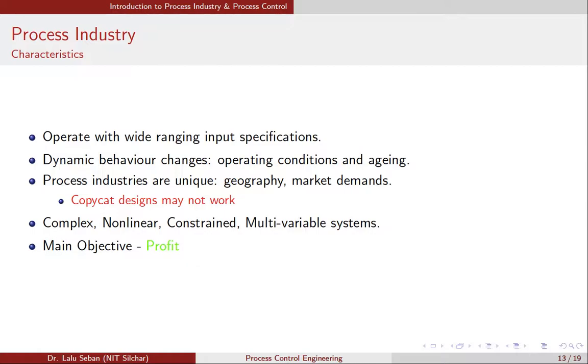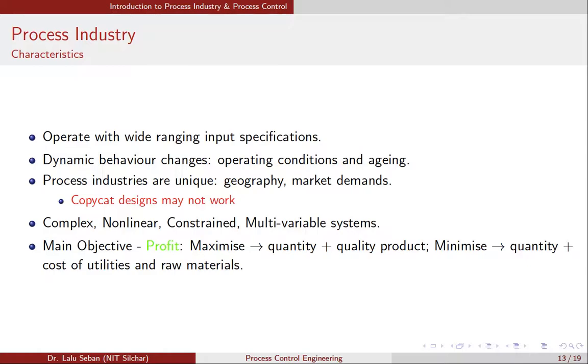Definitely to provide finished goods to the mass market as well as to make profit. How? The profit can be maximized by maximizing the quantity and quality of the end product as well as by minimizing the quantity and cost of the utilities and raw materials. So these two points should be the key when we are designing any process industry.